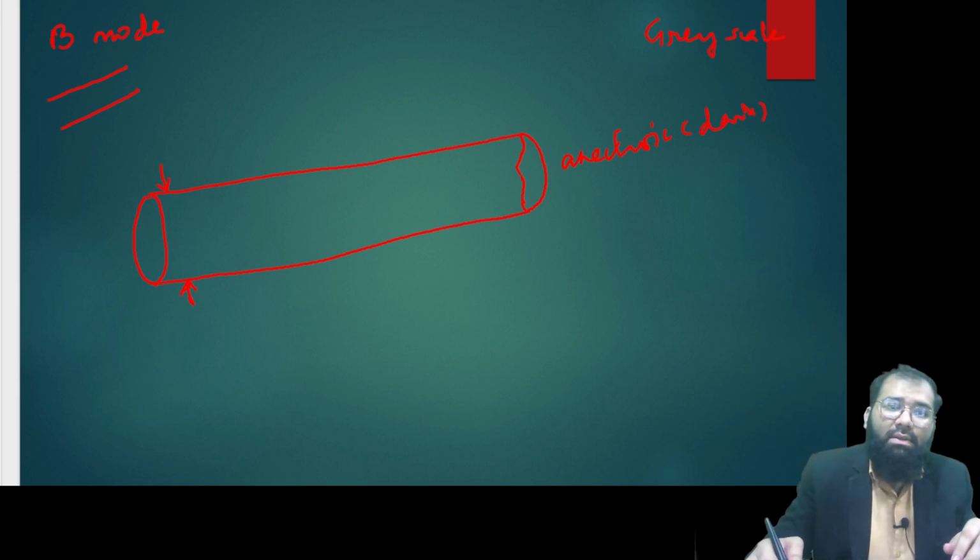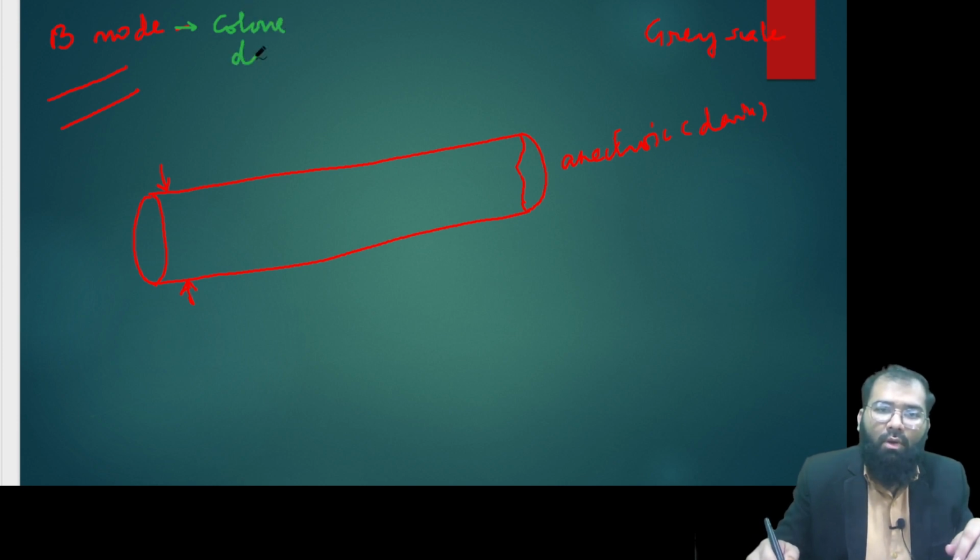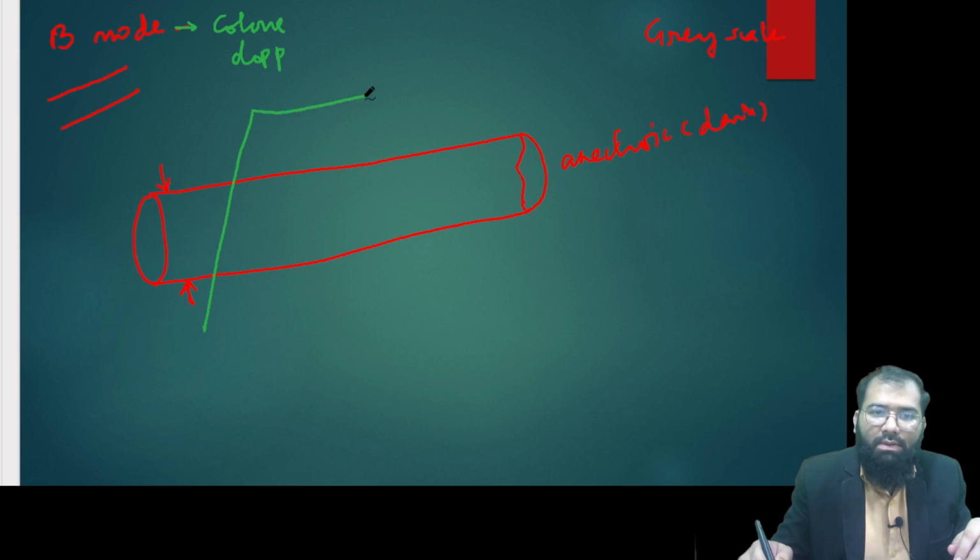Next is what is called color box or color Doppler. Color Doppler is simple. What you have to do is put a color box over it.